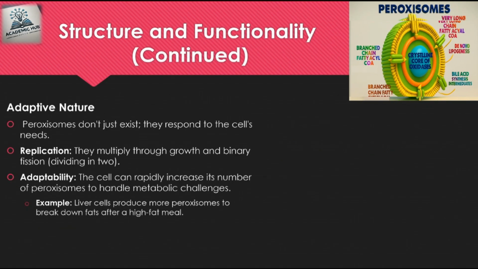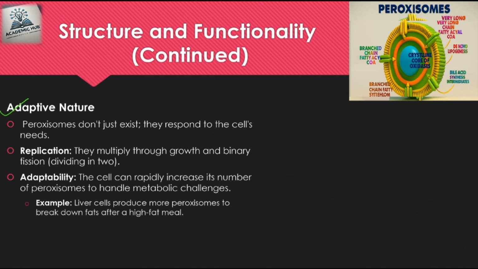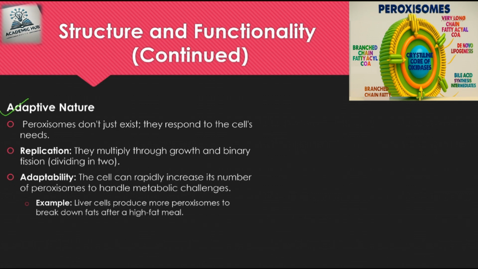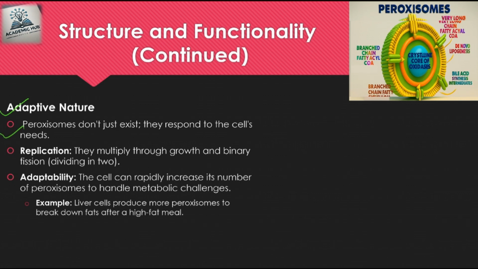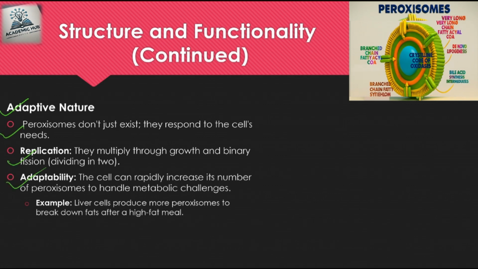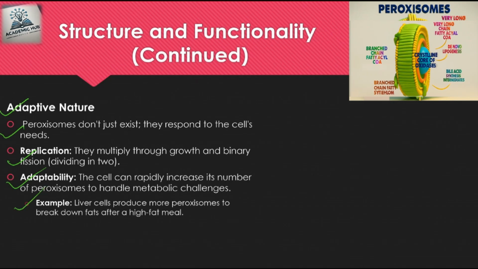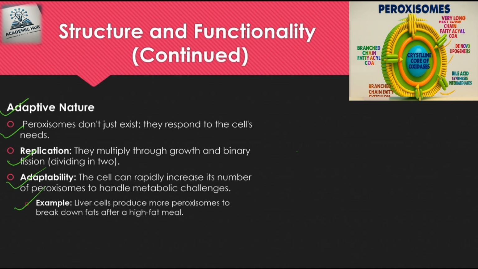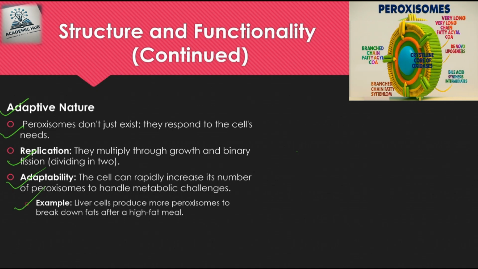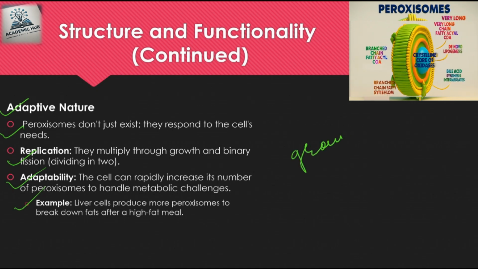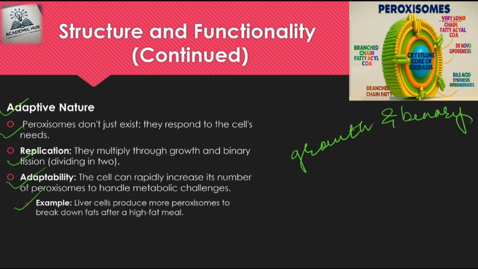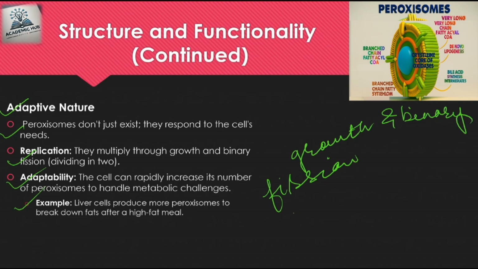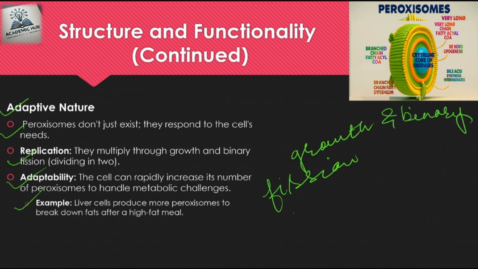Next is the adaptive nature, in which we will talk about how peroxisomes do not just exist, they respond to the cell's needs: replication and adaptability, with an example. Unlike many other organelles, peroxisomes replicate through a process of growth and binary fission. This means they can grow and divide independently within the cell.